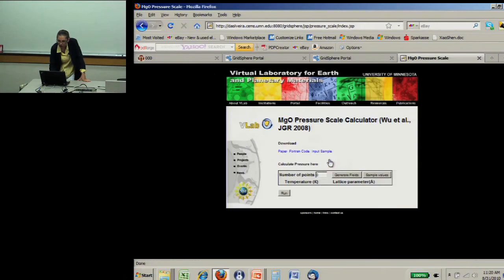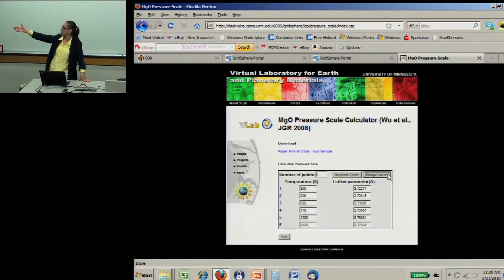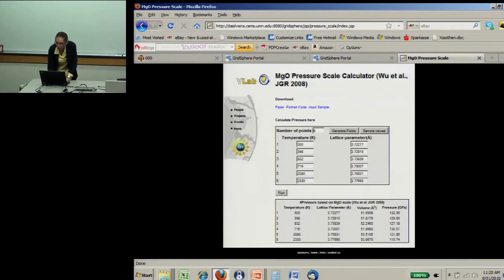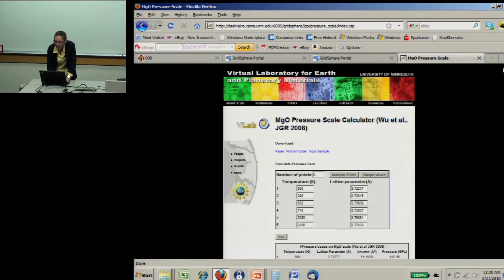If someone is interested in using this as a pressure scale, this is how you would use it: enter temperature and lattice parameters of MgO for a certain number of data points you have, and you just get the pressure. The same can be done for platinum.